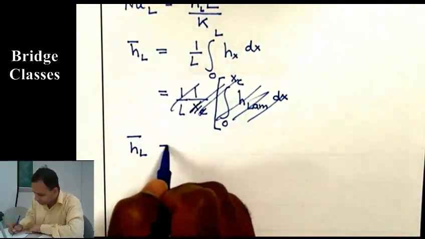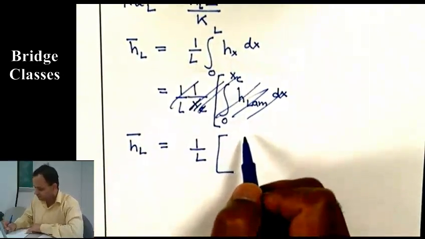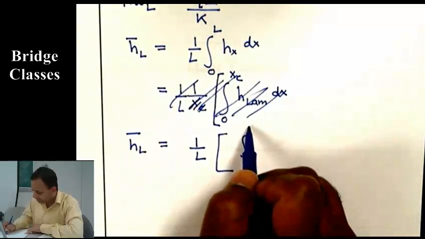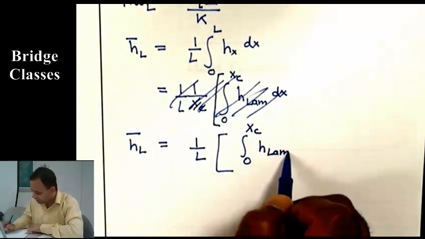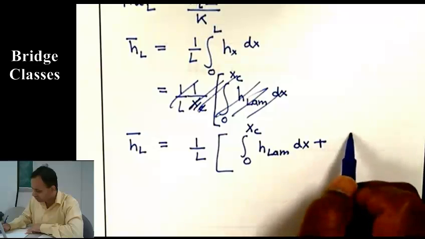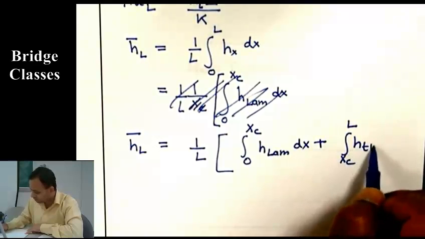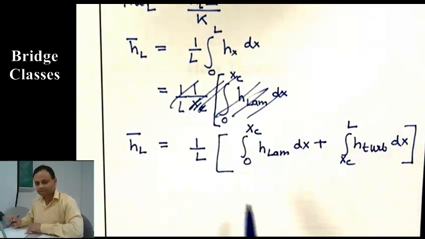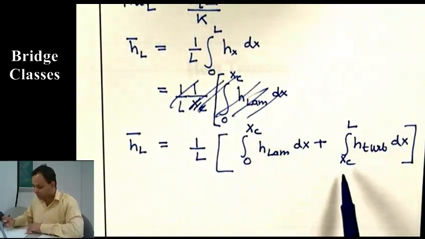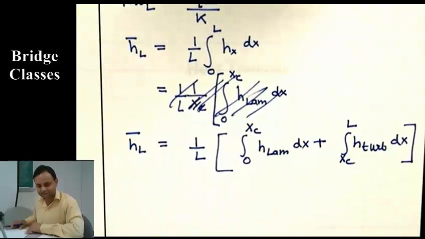This will be 1 over L times the integral from 0 to xc of h laminar dx plus the integral from xc to L of h turbulent dx. Because the boundary layer is laminar up to xc, and from xc to L the boundary layer is turbulent, and then this represents an average of that. That will give us the average convection coefficient.